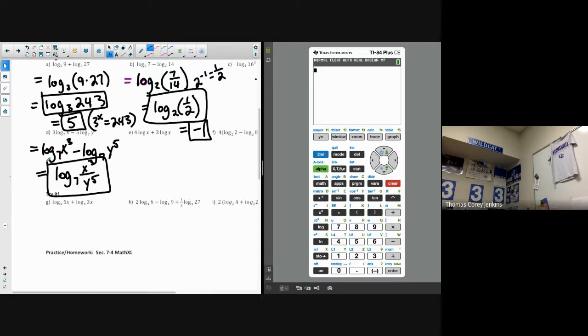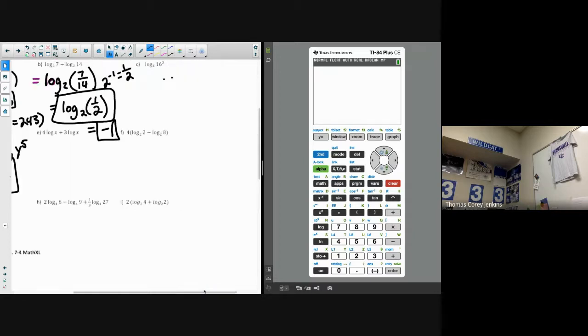Actually, I'll leave E for you, and let's look at maybe F. On this one, our 4 goes to this guy and this guy. So we'd have log base 2 of 2 to the 4th minus log base 2 of 8 to the 4th.